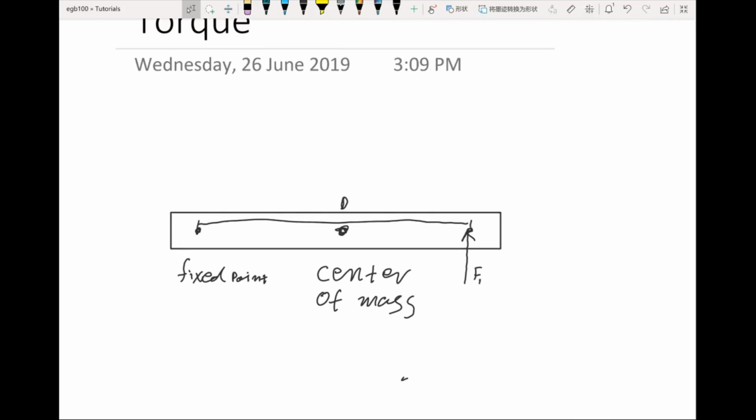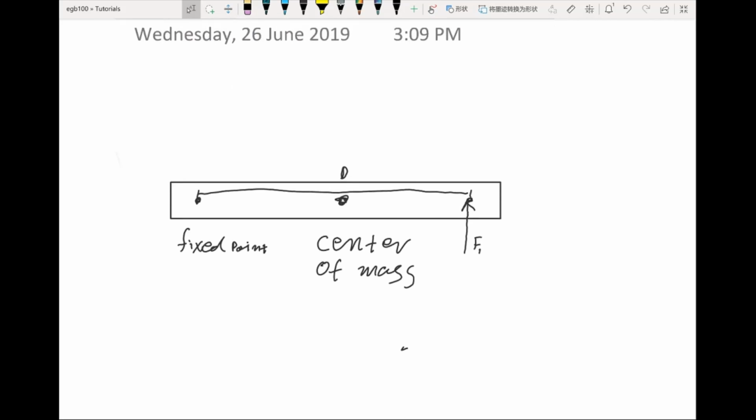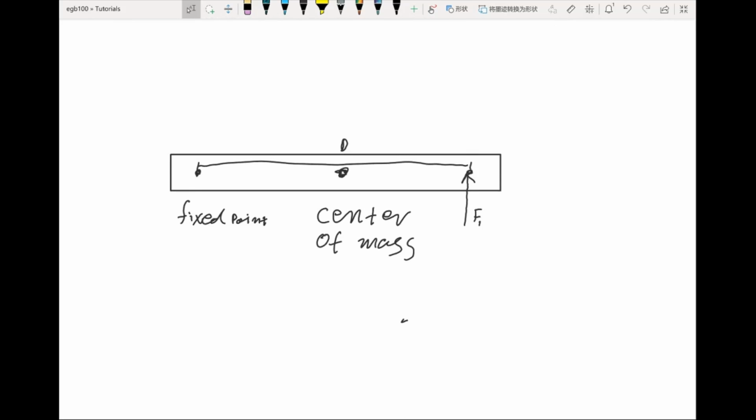So torque is just defined as a rotational force in simple terms. So imagine this is a bar. It could be of any material, wood, steel, concrete, and we have a fixed point here.